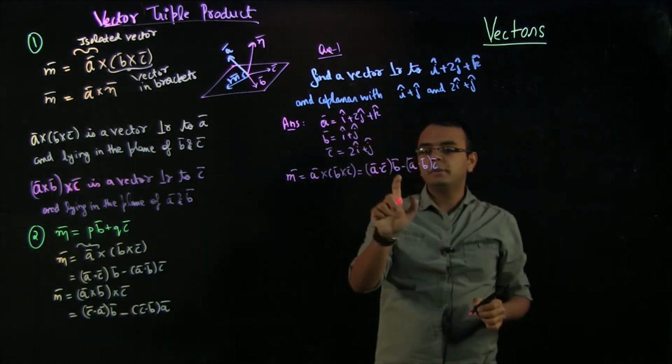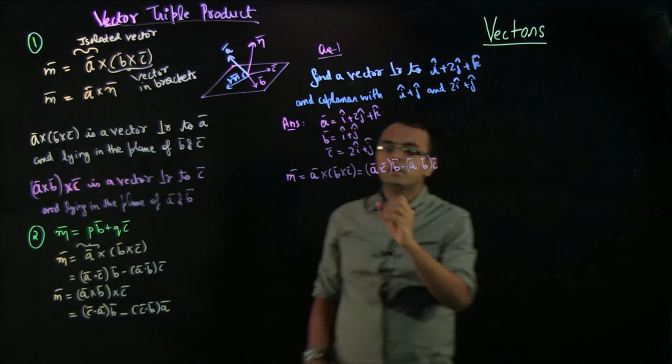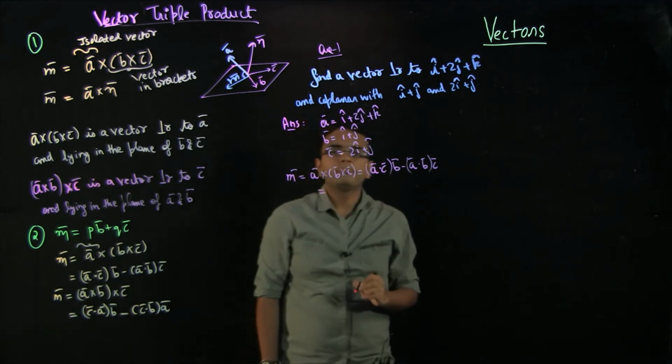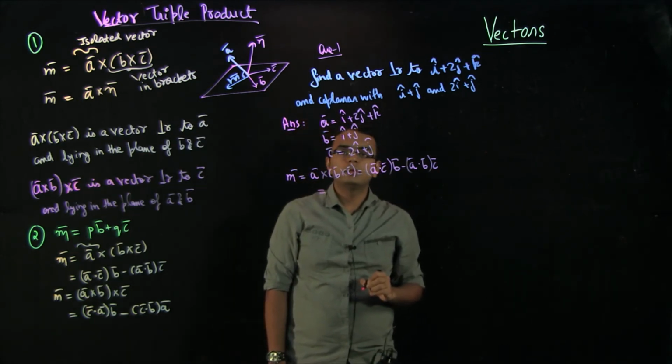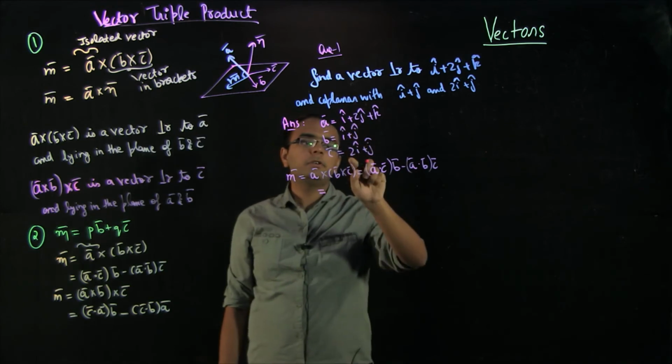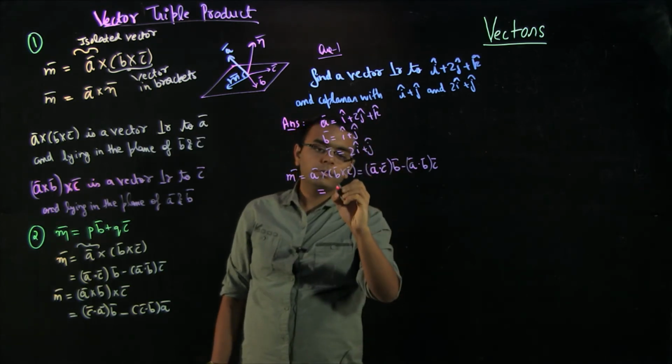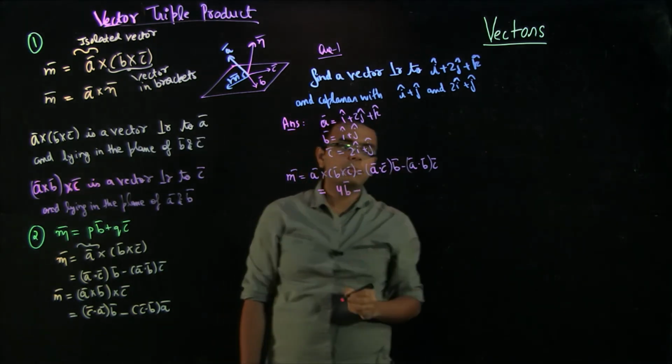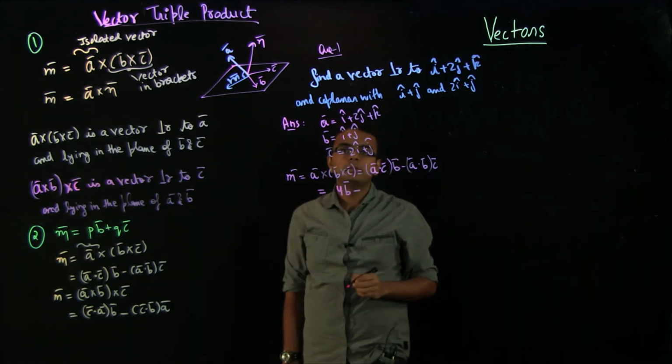A dot C, if you do it, is 1 into 2 plus 2 into 1 plus 0, which is 4, so 4B minus A dot B, which is 3, into C.